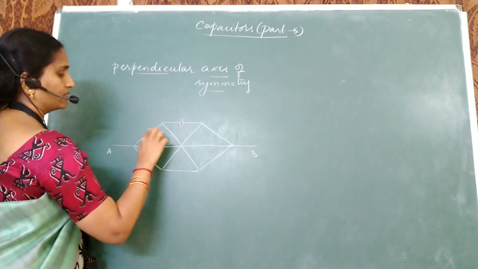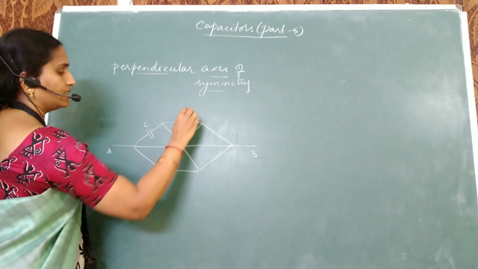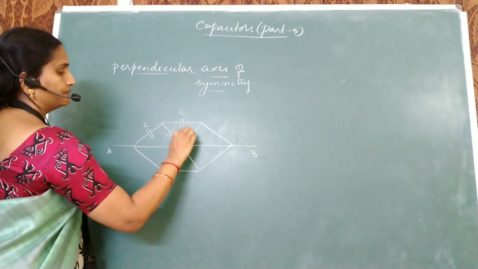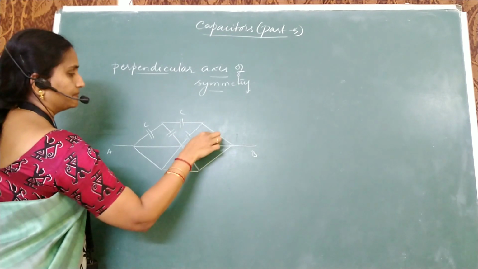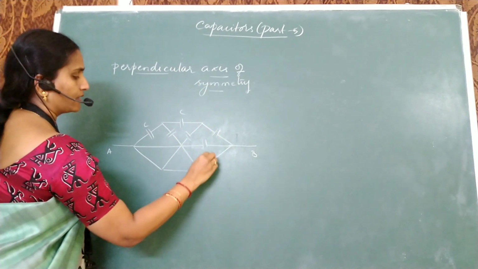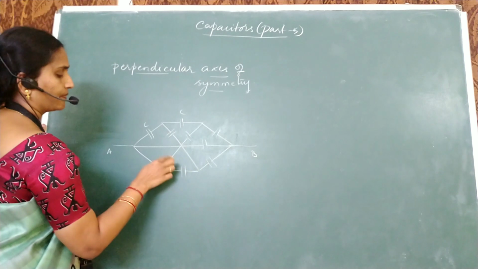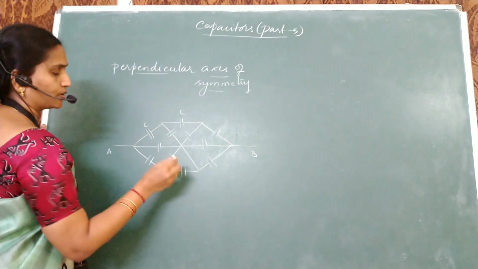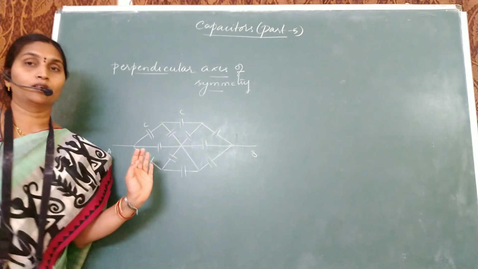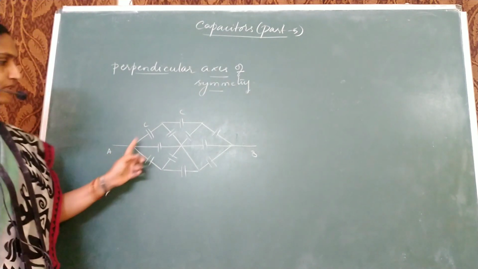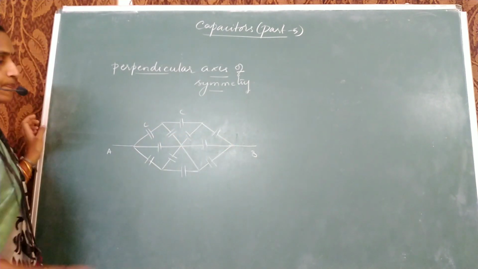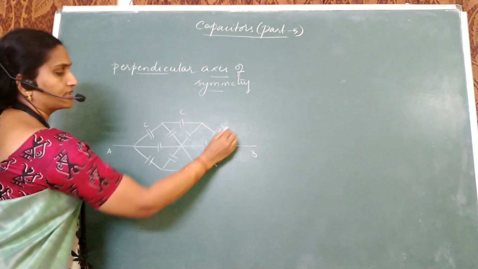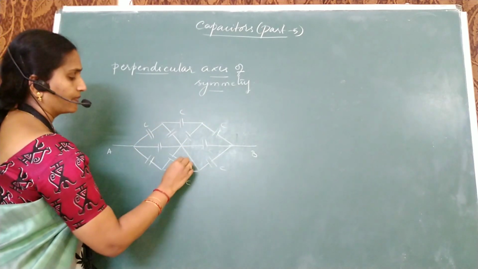Across each edge I will take one capacitance C. This is how your circuit is, and we need to find out the equivalent capacitance between the points A and B. Take all the capacitances as equal to C.